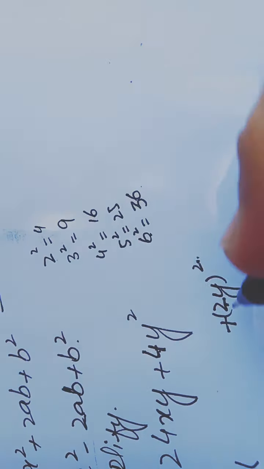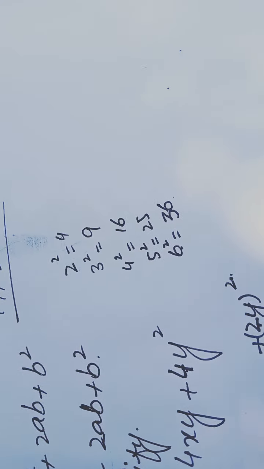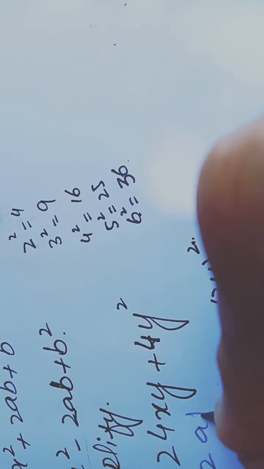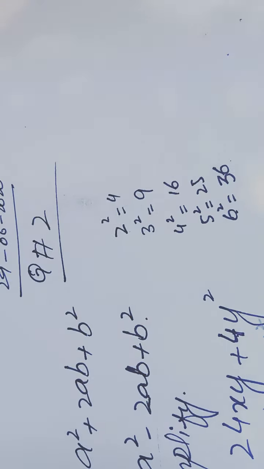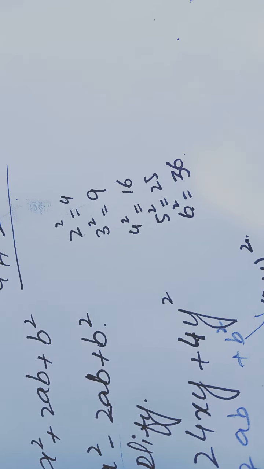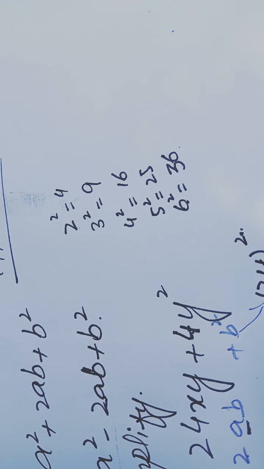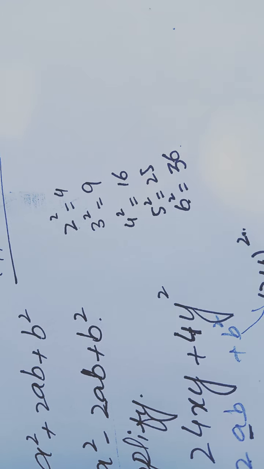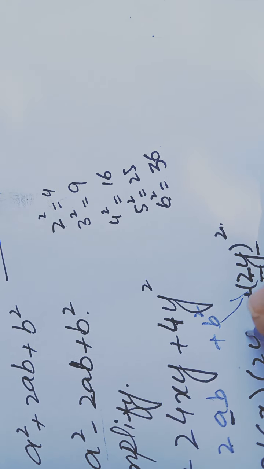You can write over here with your lead pencil: a square plus 2ab plus b square. A square is made and b square is also produced, so you have to write here 2. What's the value of a? 6x is the value of a. And what's the value of b? That is 2y.